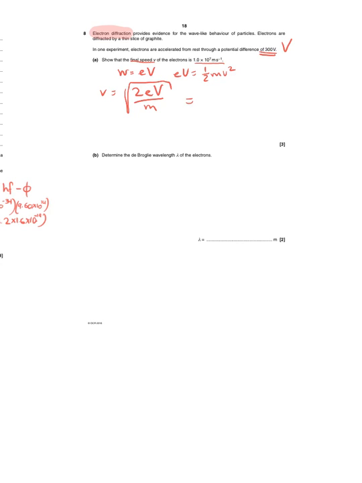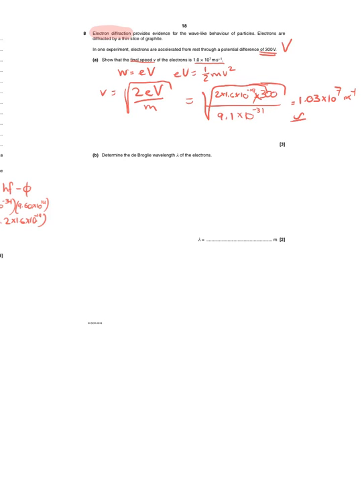Determine the speed. I forgot to even show the number. So we have the square root of 2 times the charge of an electron times the voltage divided by the mass of an electron, which should give you 1.03 times 10 to the 7 meters per second.